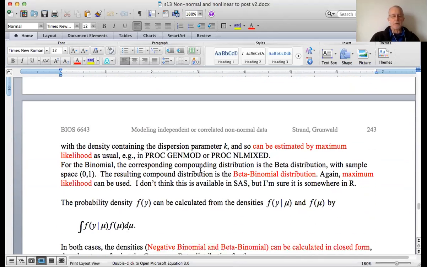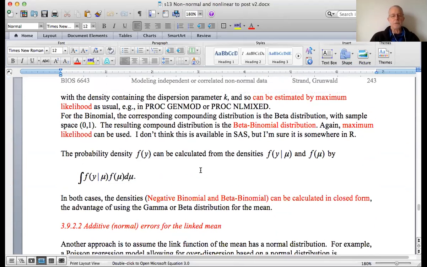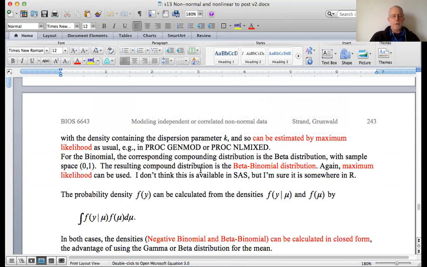Okay, if you go back to theory, you can do the integrals and get the probability density. And one nice thing about this is that it's in closed form. You can actually write this down as a probability distribution in closed form, which we'll see is not true of some of the other ways. You can do a similar thing with the binomial distribution.